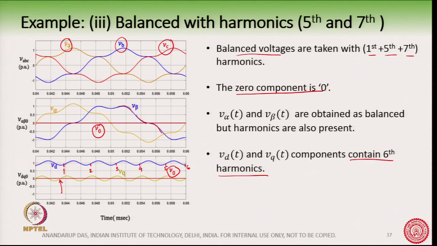So, in order to understand it, we will analyze how the sixth harmonic will come. Okay. So, this is the d axis. Suppose we take only the d axis, the d axis is rotating at omega speed. Now, in this case I have added a fifth harmonic component with the Va, Vb, Vc.